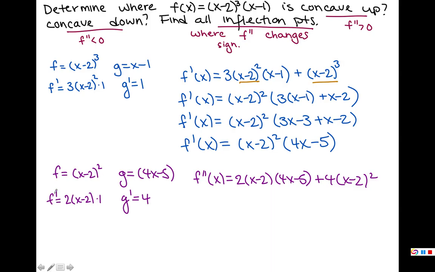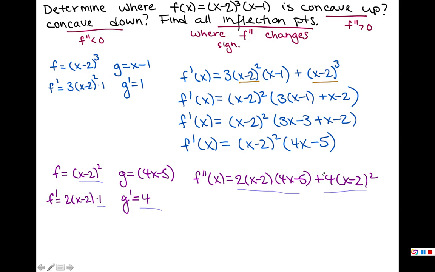I brought the 2 down, 2(x − 2) times the derivative of the inside, which is just 1. Derivative of 4x − 5 is just 4. All right, so f prime times g plus g prime times f. And now that I have my second derivative, I'm going to set this equal to 0 and solve.